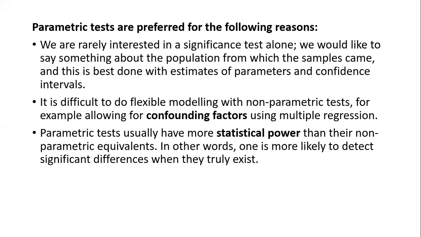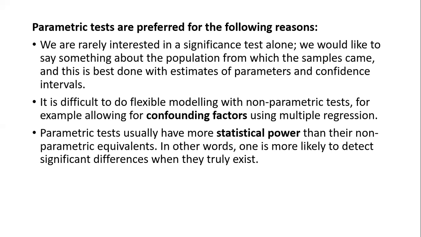Another advantage is that parametric tests usually have more statistical power than their non-parametric equivalent. In other words, one is more likely to detect a significant difference when one truly exists. I remember in the last class we talked about type 1 and type 2 errors.